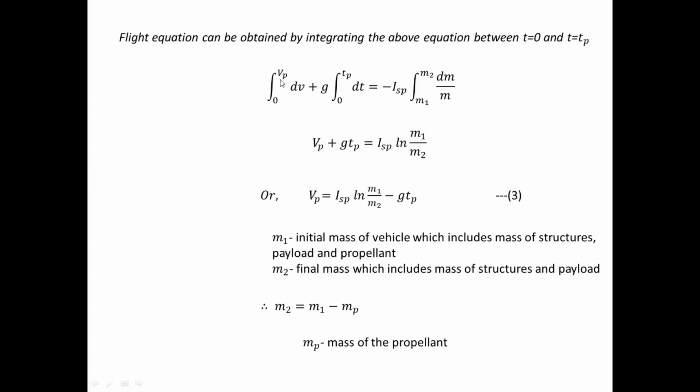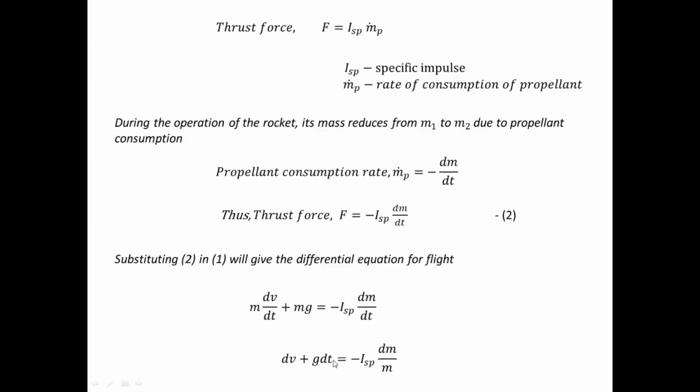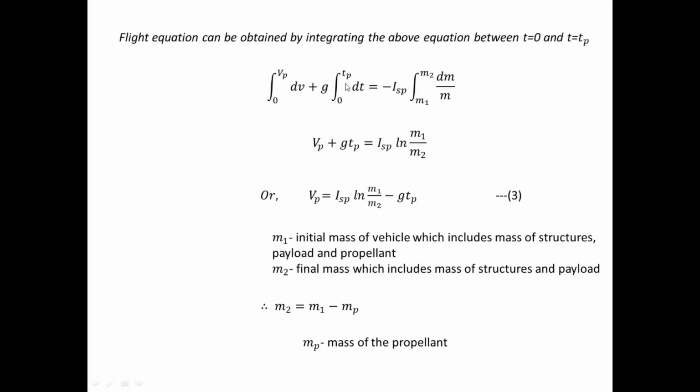The first term will be the integral from 0 to Vp of dv. For the second term, time changes from 0 to Tp, so g into the integral from 0 to Tp of dt will be equal to minus Isp into the integral of dm by m, where the initial mass is m1 and the final mass is m2. So this will be Vp plus g Tp equal to Isp into the logarithm, the integral being the logarithm of m over the limits m2 to m1. Taking the minus sign inside, this will be Isp into ln m1 by m2.